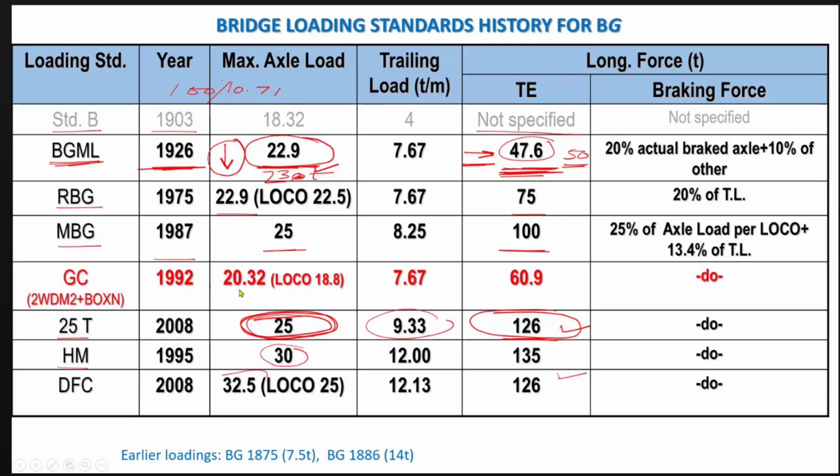It means it was lesser than the BGML load, by considering 2 WDM2 locos plus box and wagon. WDM2 has a tractive effort of 30.48, so 2 WDM2 tractive efforts means 60.9, so two locos are also within that.